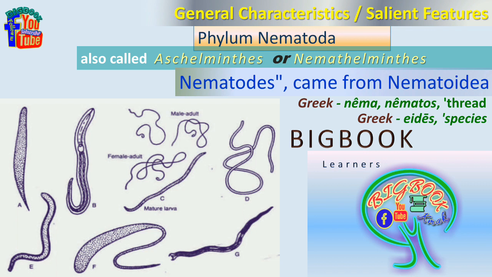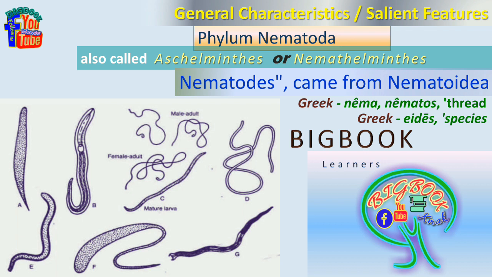The name nematodes came from the Greek name nema or nematos, which means thread-like structures. In Greek, eidos means species, so thread-like species.